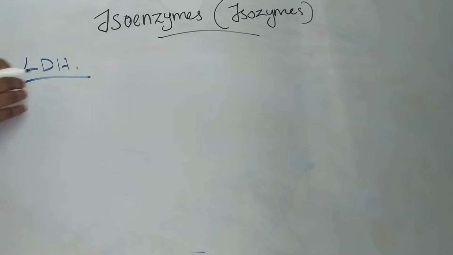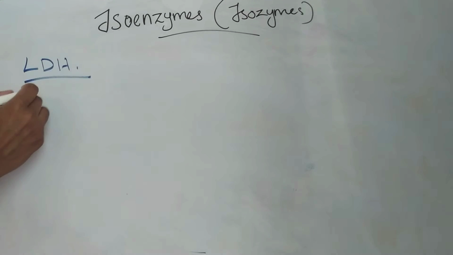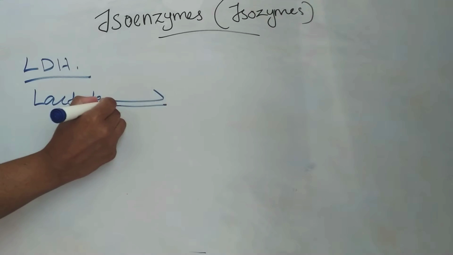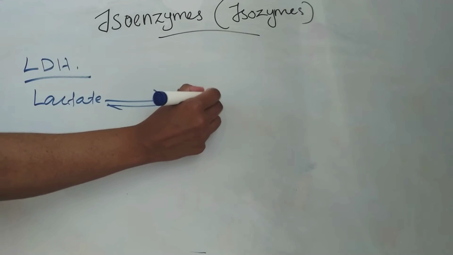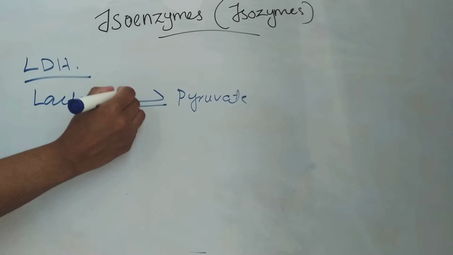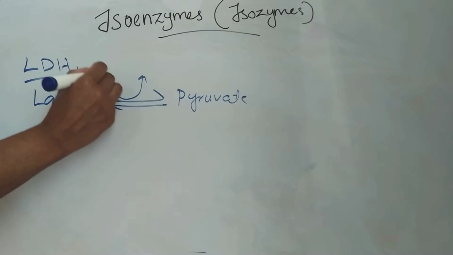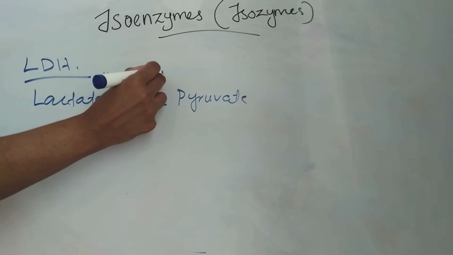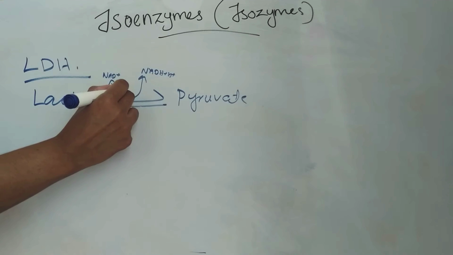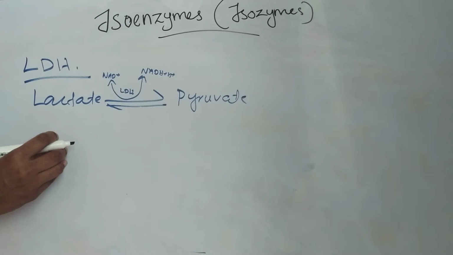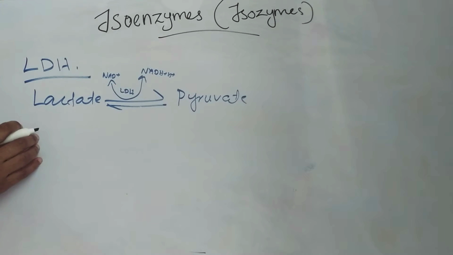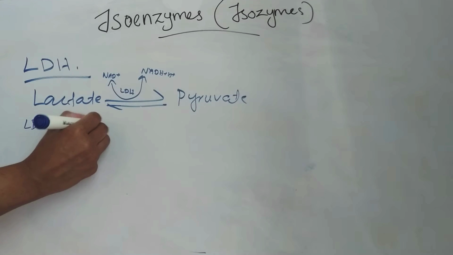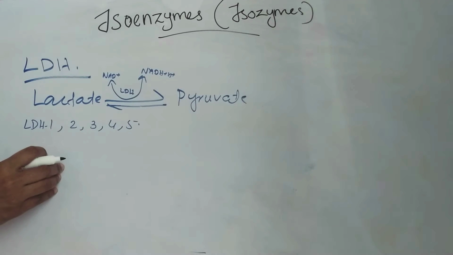LDH catalyzes the reversible oxidation of lactate to pyruvate. Five isoenzymes are there: LDH 1, 2, 3, 4 and 5.